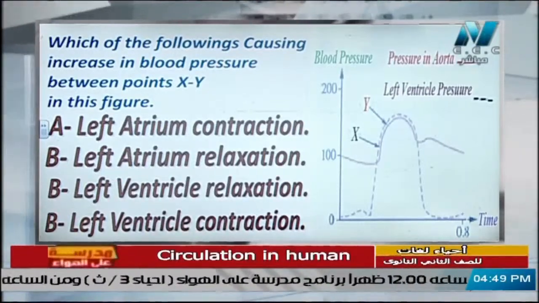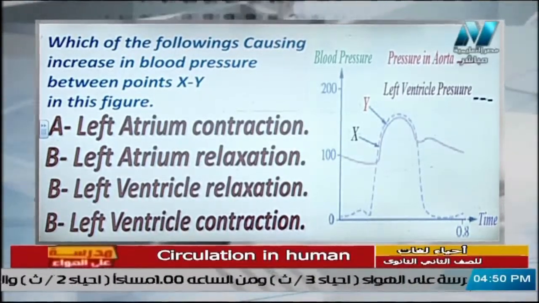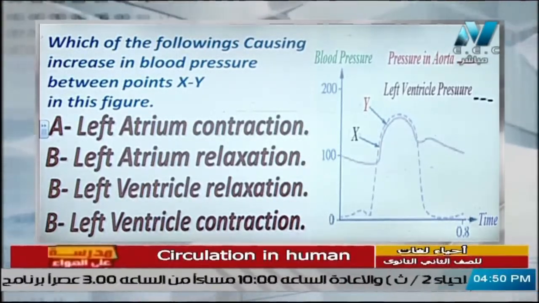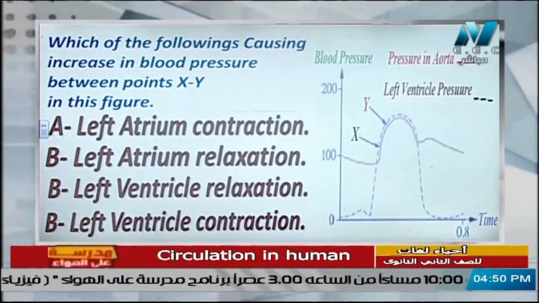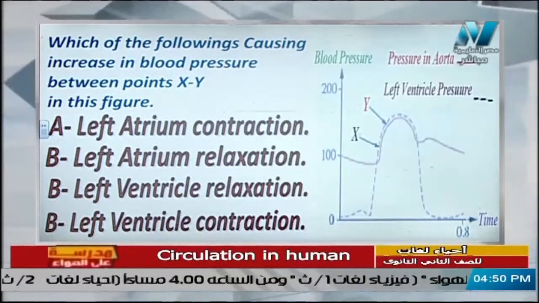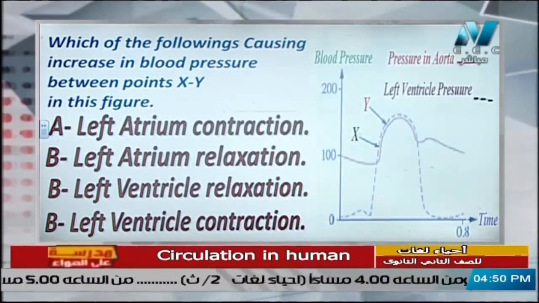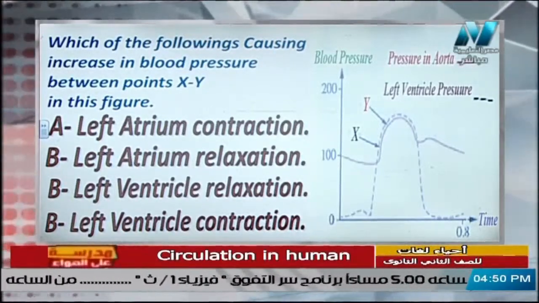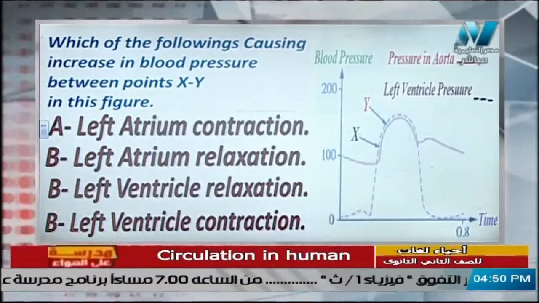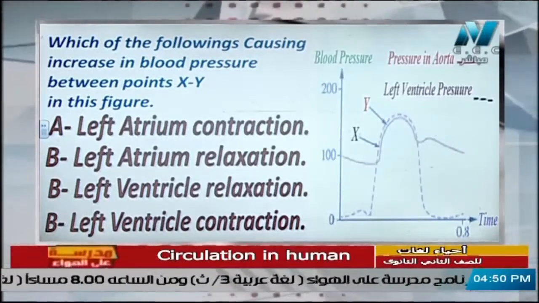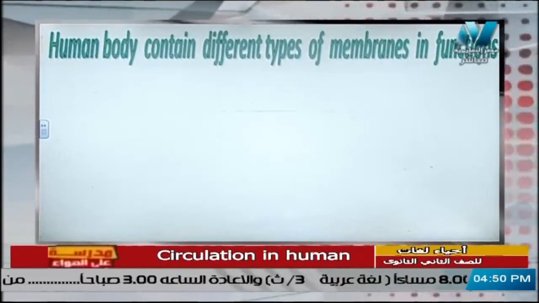We know that blood pressure depends on the contraction of the ventricles, not the atria. So the answer is left ventricle contraction, because left ventricular contraction pushes the blood to the aorta. Then the blood will transfer to the human body.